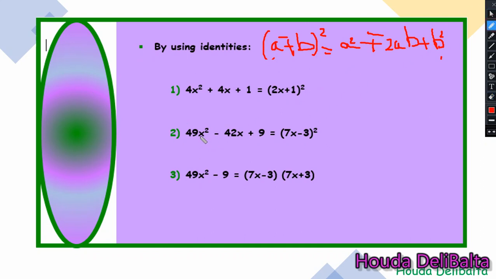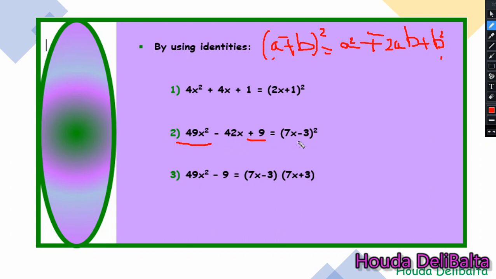Let's continue to apply the identity on this example. We have 49x squared minus 42x plus 9. Keep this alone and let's think of these two. 49x squared comes from 7x. 9 comes from 3. So as if I'm making the radical of 49x squared. The radical of 49x squared is 7x. The radical of 9 is 3.